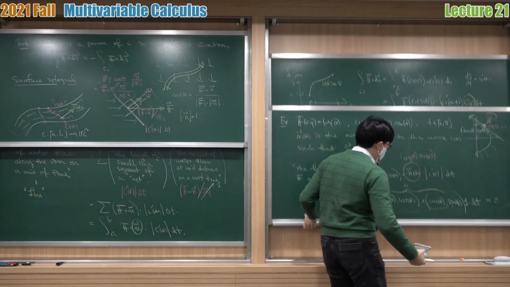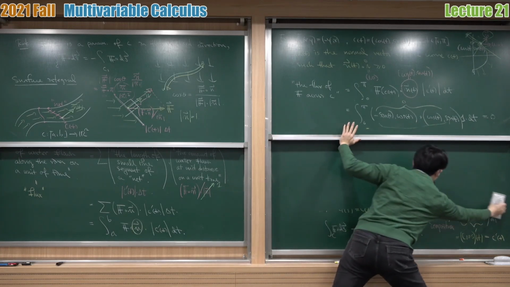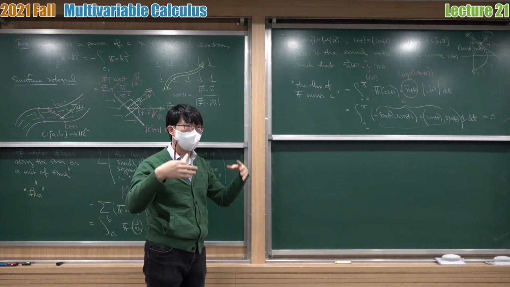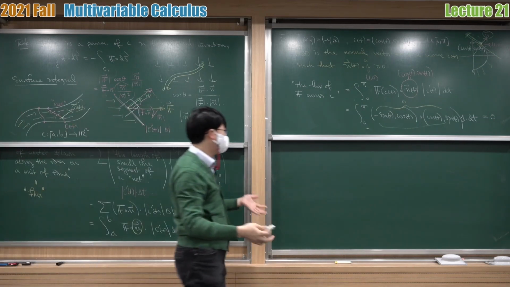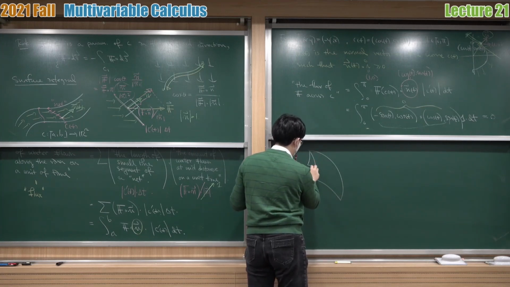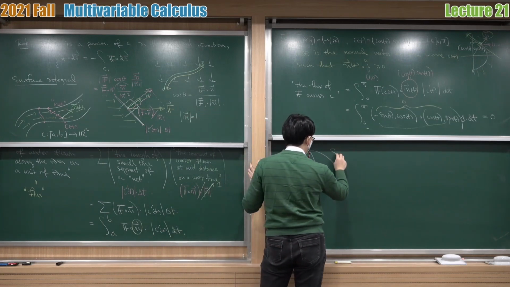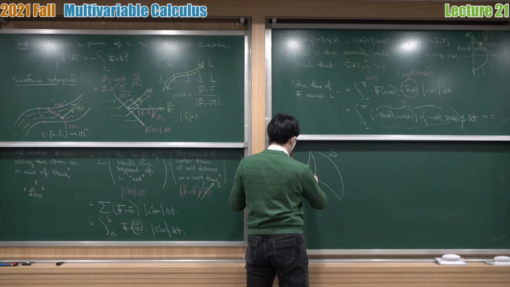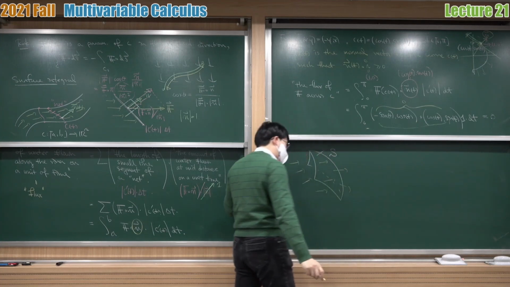Okay. And then let's try to generalize the situation to three dimensions. So we have a two-dimensional vector field. Let's talk about three-dimensional. So let's say we have a two-dimensional net. Let's say this is a surface S. And then we are trying to find out how much particle has flowed through this net by the vector field.